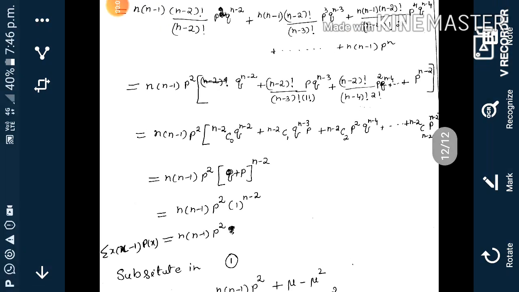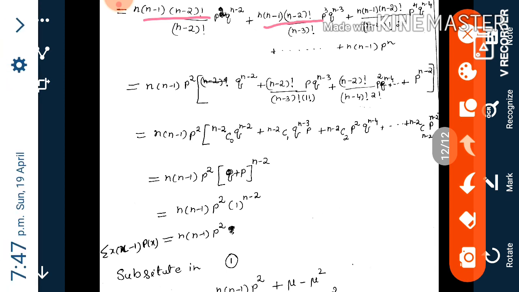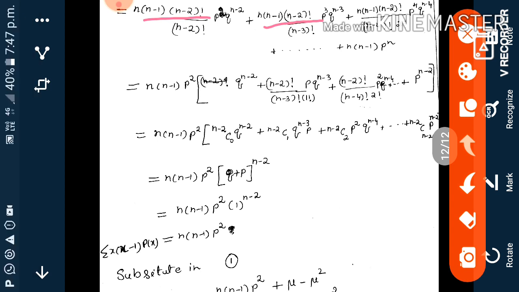So now we have n into (n minus 1) into (n minus 2) factorial by (n minus 2) factorial, p square q to the power n minus 2. We have written n minus 1 factorial as (n minus 1) into (n minus 2) factorial in the first term. In the second term also we have written n minus 1 factorial as (n minus 1) into (n minus 2) factorial. In the third term also we have written (n minus 1) into (n minus 2) factorial.